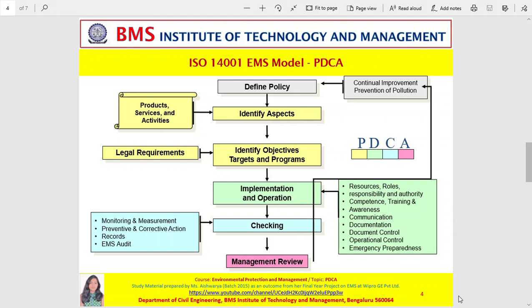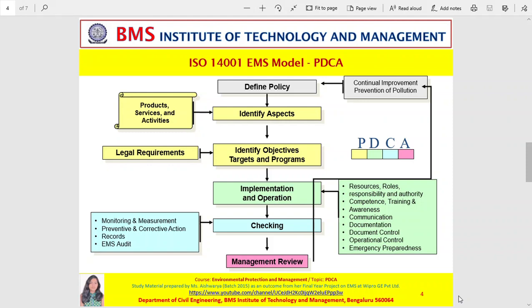Organizations need to prioritize legal requirements in order to be prepared for the implementation of an EMS. For example, in the thermal power plant, the generation of flue gases would cause air pollution.